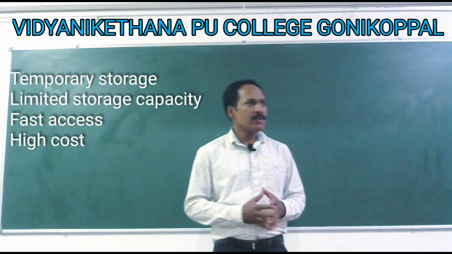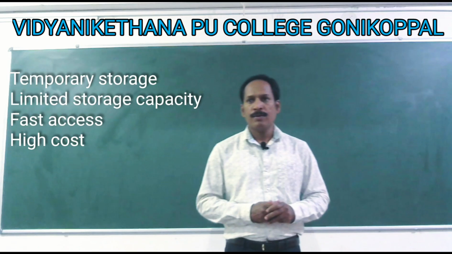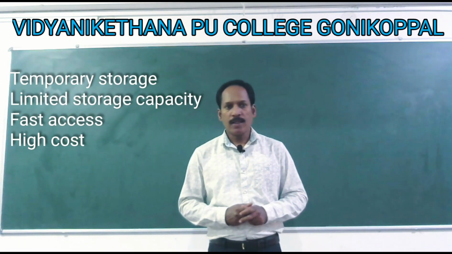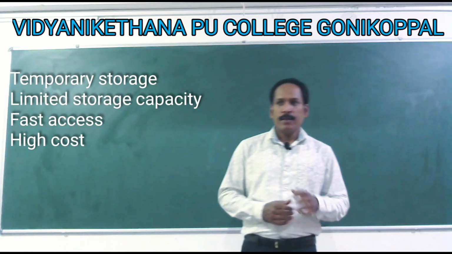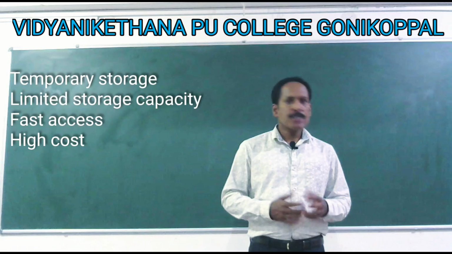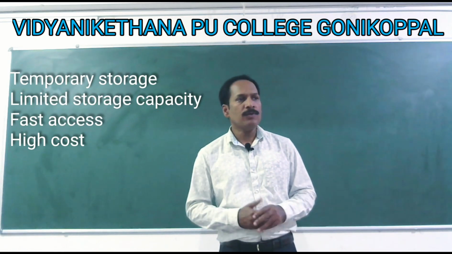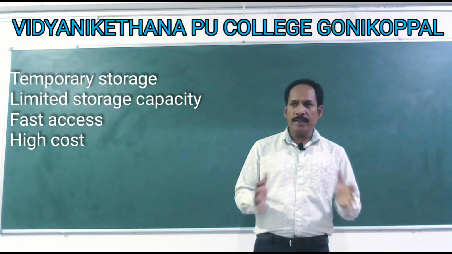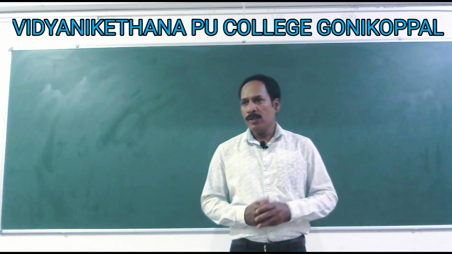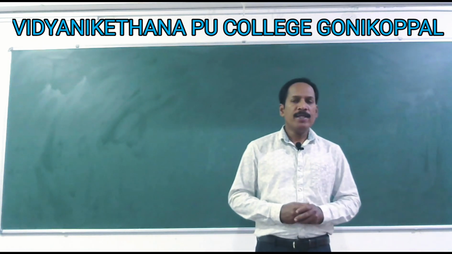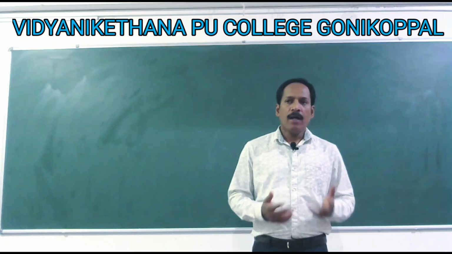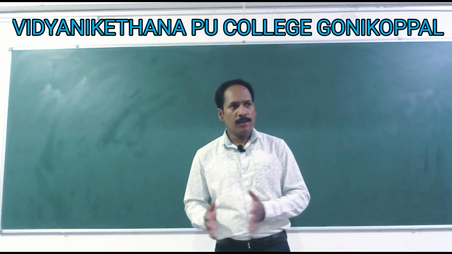As already said, they are temporary storage, with limited storage capacity, then fast access and high cost; they are expensive. So whichever internal memory you take, normally they are temporary storage, have a limited storage capacity, have fast access, and are very high cost. We'll learn one by one.